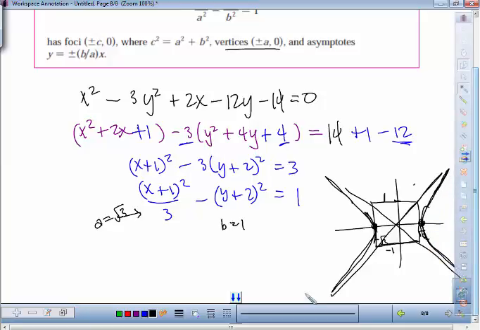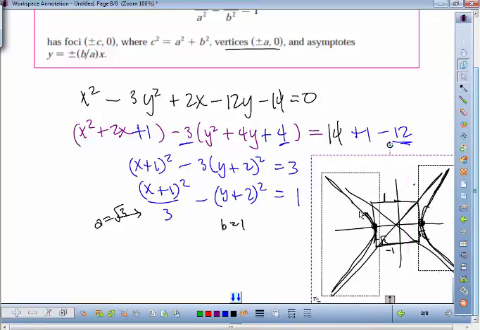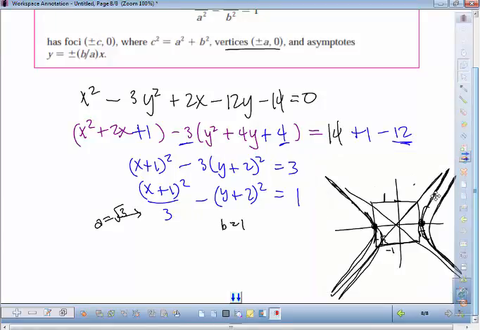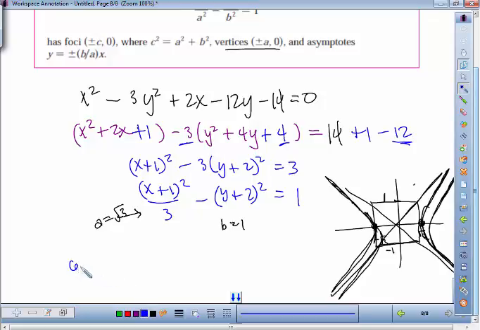Okay? So we need to move this. Where's it going to go? Where's the new center? Negative 1, comma 2. So the center, and I'll put the center in quotes because it's kind of like the middle of the hyperbola.